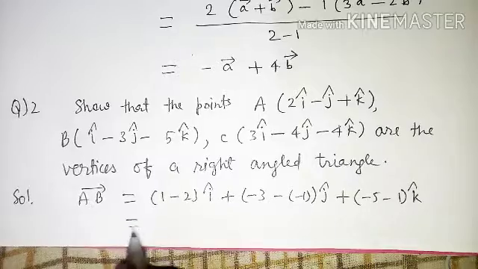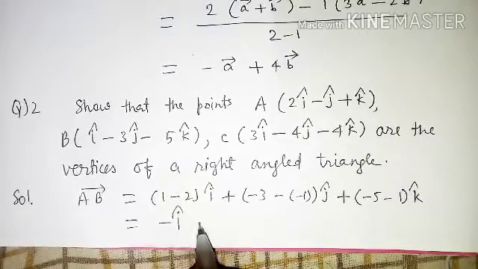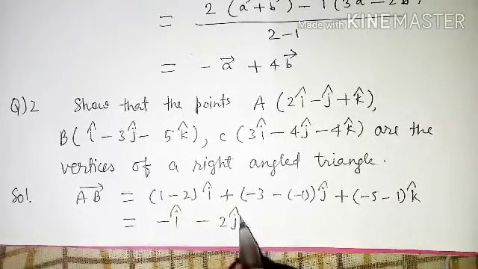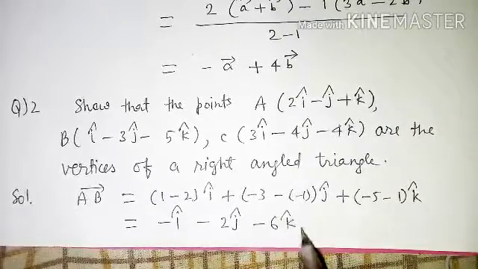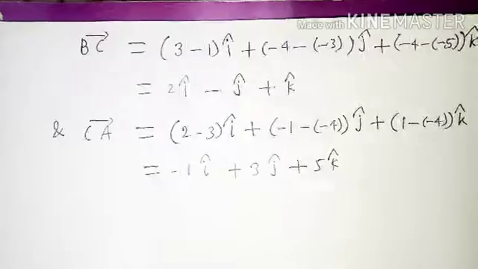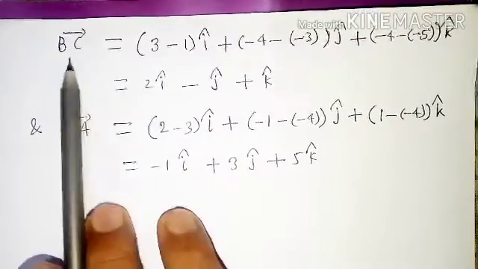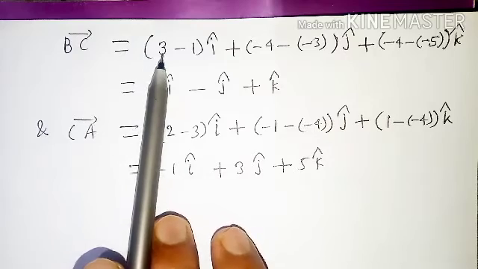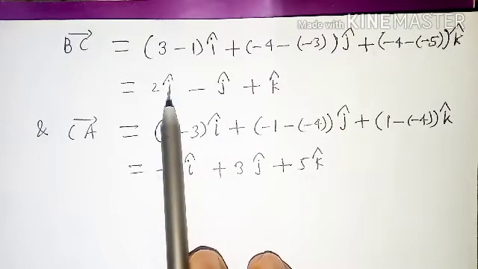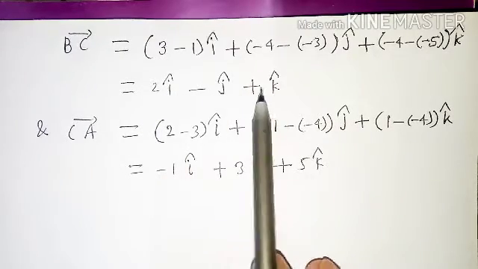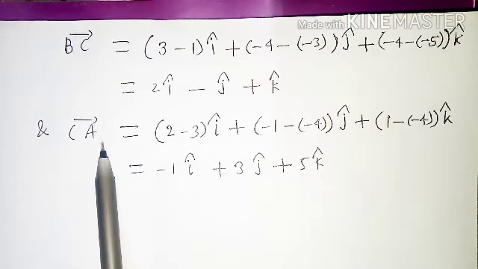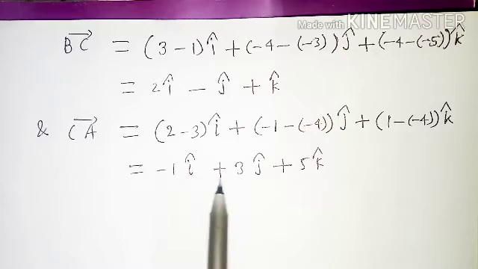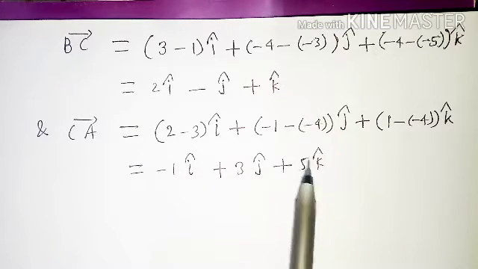Here we have minus i cap minus 2 j cap minus 6 k cap. Then we find vector BC, vector OC minus vector OB. This gives us 2i cap minus j cap plus k cap, and vector CA, which is vector OA minus vector OC. This gives us minus i cap plus 3j cap plus 5k cap.